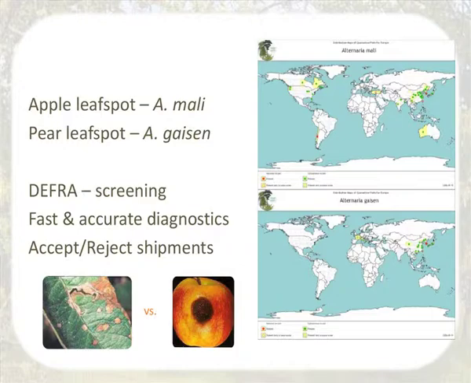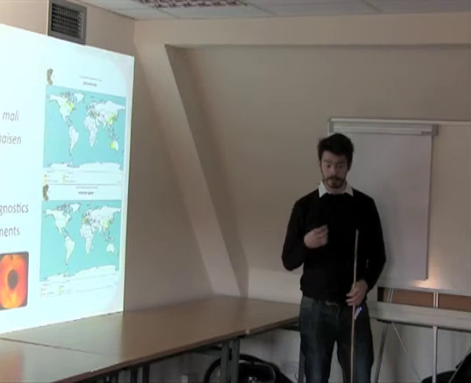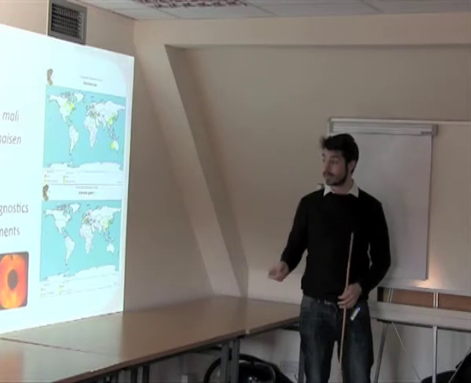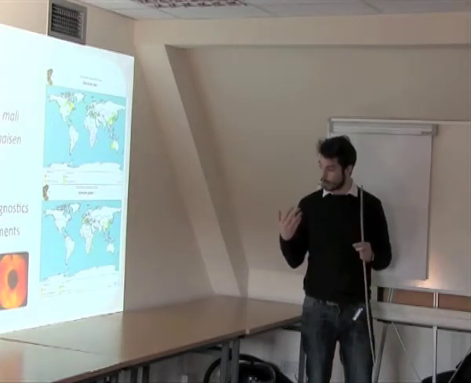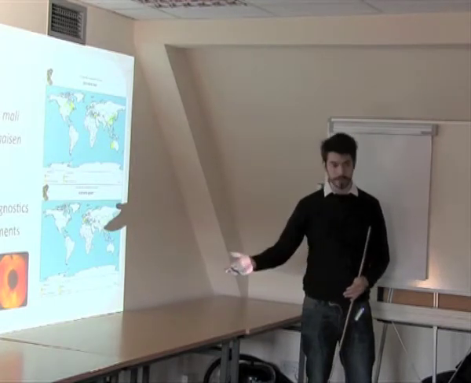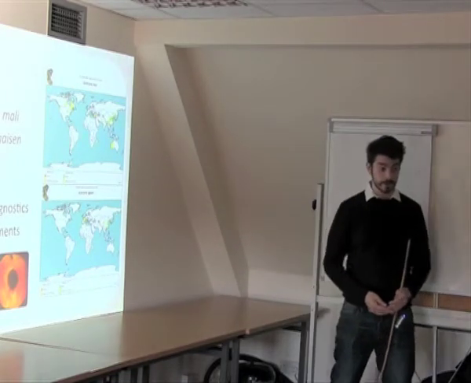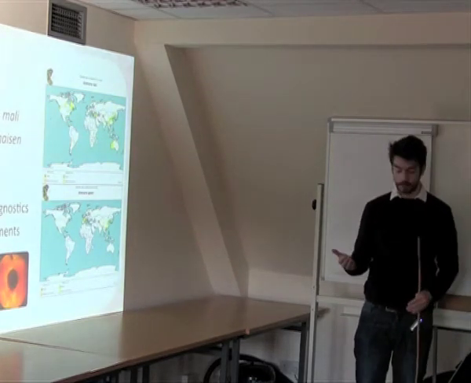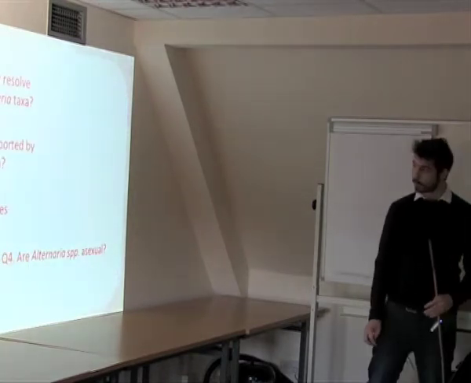Essentially what they're trying to identify is the difference between an isolate which may be a host-specific plant pathogen, such as Alternaria mali or Alternaria gaisen, and what may be otherwise a ubiquitous Alternaria saprophyte, which is causing an opportunistic rot infection of plant material as it enters. So they're trying to determine what these host-specific pathotypes from Alternaria are, which may already be present in the UK.